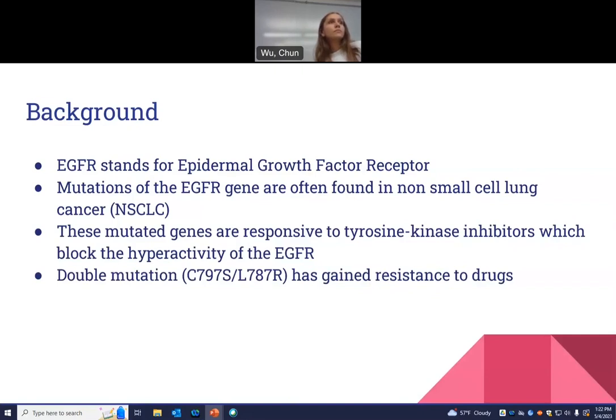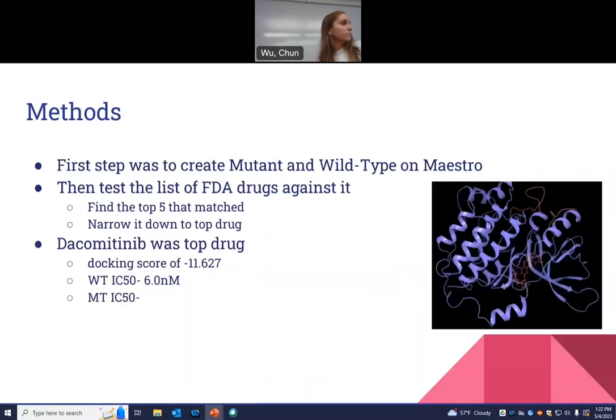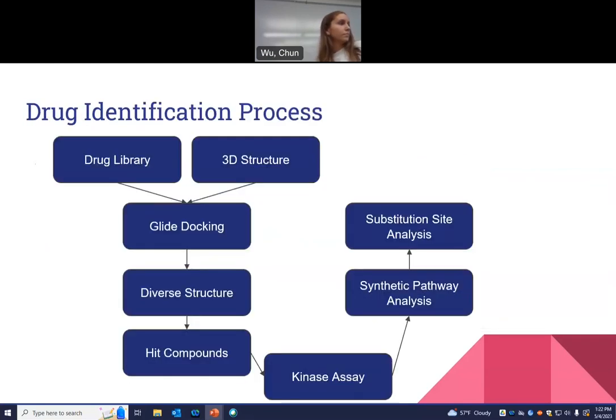Okay, let's go to methods. On the previous slide, here you can improve a little bit. The first step, Glide docking, assigns the docking score for each compound from the drug library, and then we rank the top compounds.